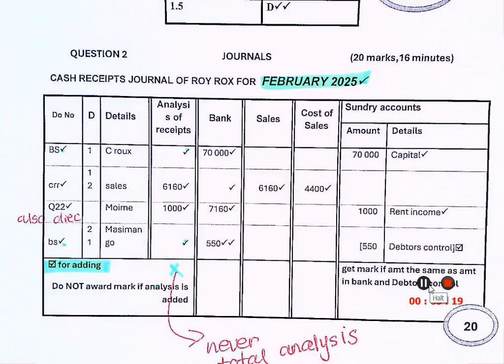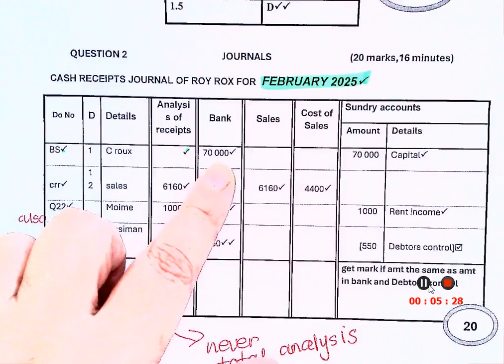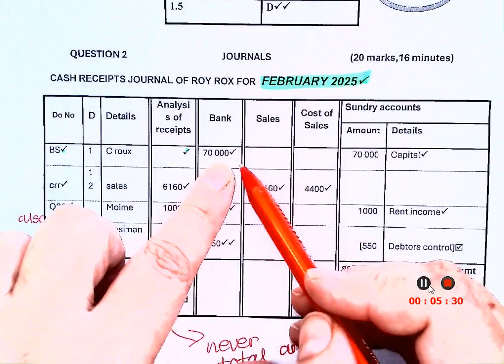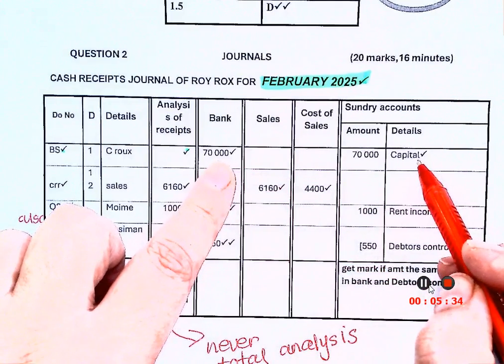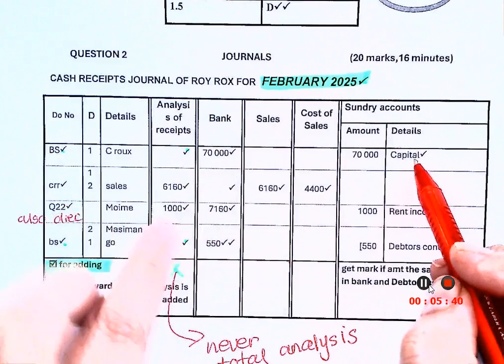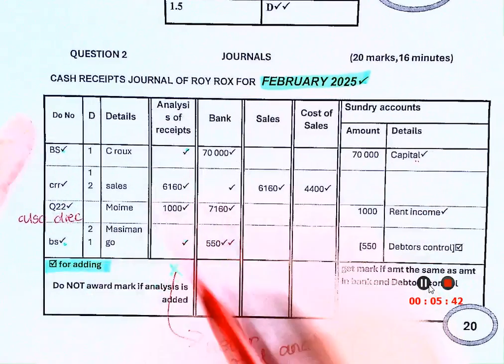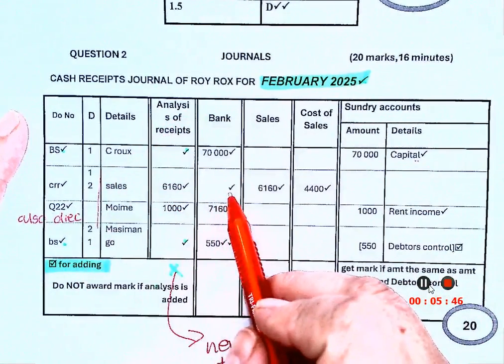Okay? So, what is easy also? So let's see. This owner gives me capital 70,000. Please do not write the word capital contribution. Write only capital. Okay? Sales, if you look at this one, can you see I didn't write here in bank?